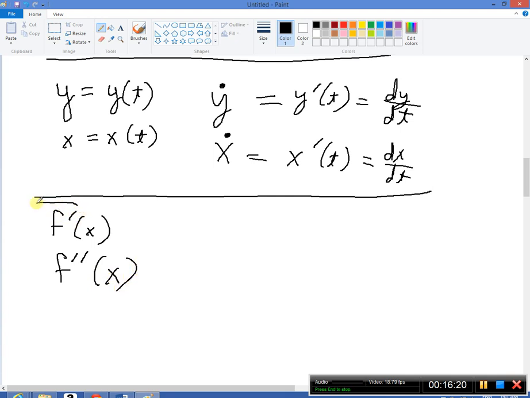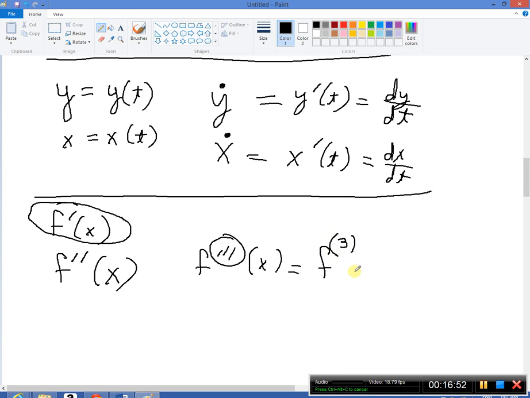If f prime can be thought of as a function all by itself, then sure, you can take this derivative, and this would be called the second derivative. And once you can take the second derivative, then you start thinking, well, what about the third derivative, and the fourth derivative, and so on. This gets a little tedious with all of those primes sitting up there. So instead of writing f triple prime of x, and with any higher derivatives, we would put the number of derivatives that we're taking in parentheses up as an exponent.